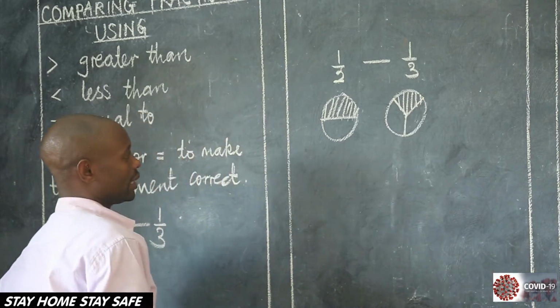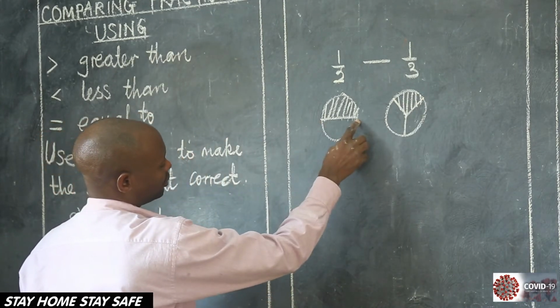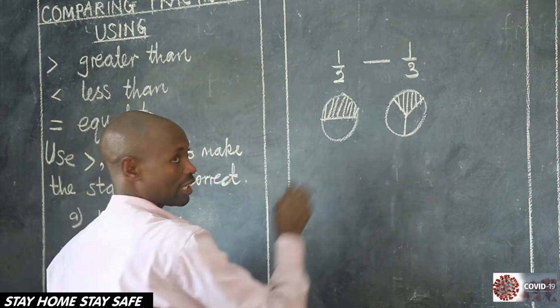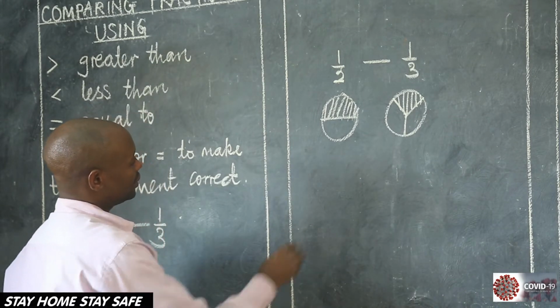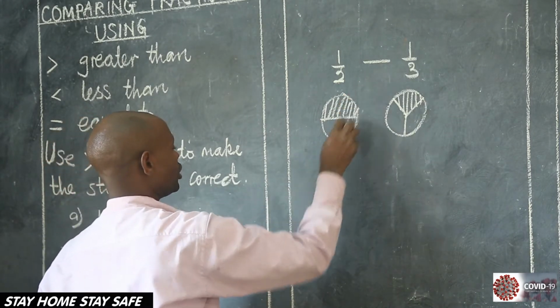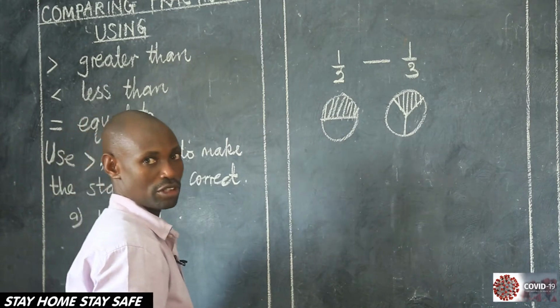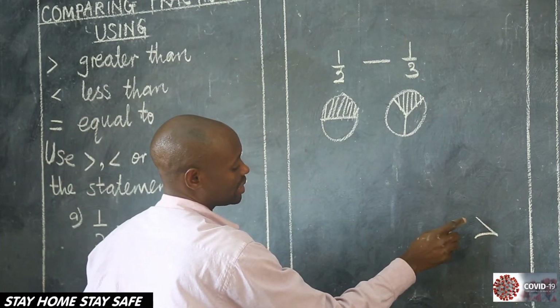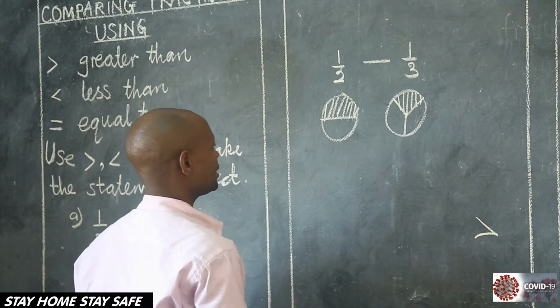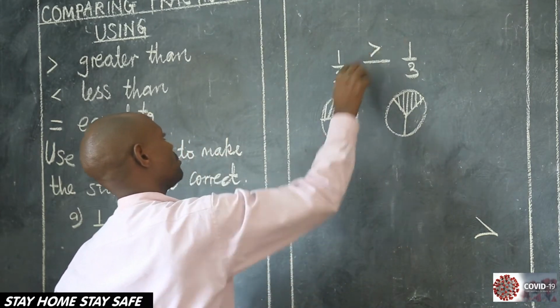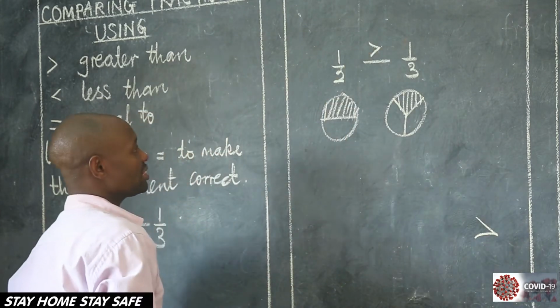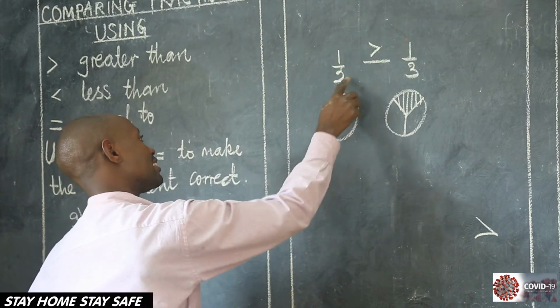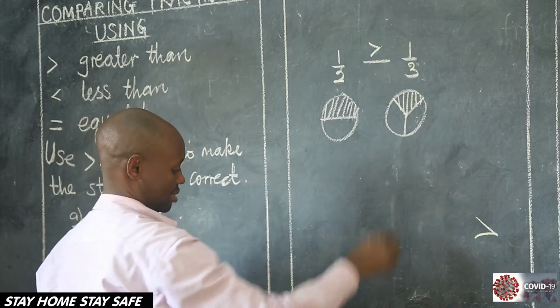Then you compare the shaded part for a half and the shaded part for a third. Which one is bigger? This part for a half is going to be bigger. And I have told you where the opening is where the bigger number is. Therefore, a half is bigger. And when we are reading this one, we say a half is greater than a third.